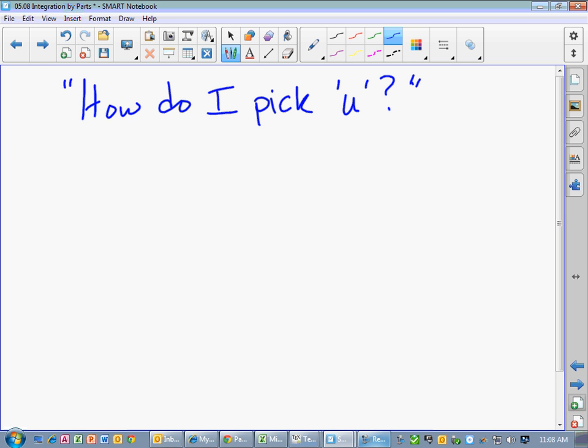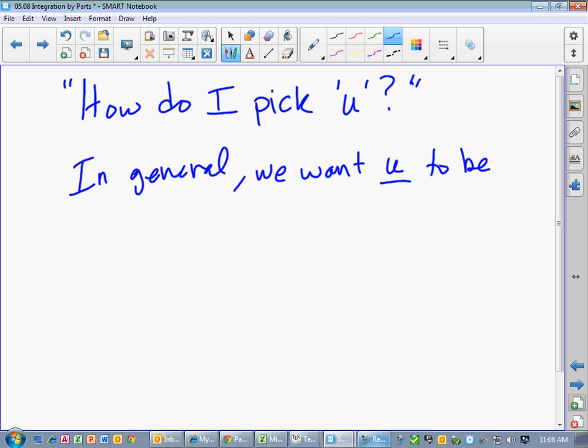Okay. So, in general, I'm going to write this sentence out. In general, we want u, I'm going to underline it with one line, to be something that simplifies when we find its derivative.